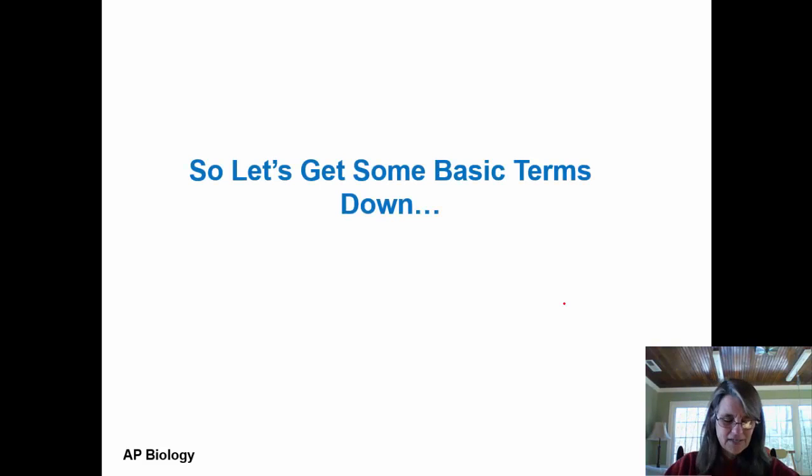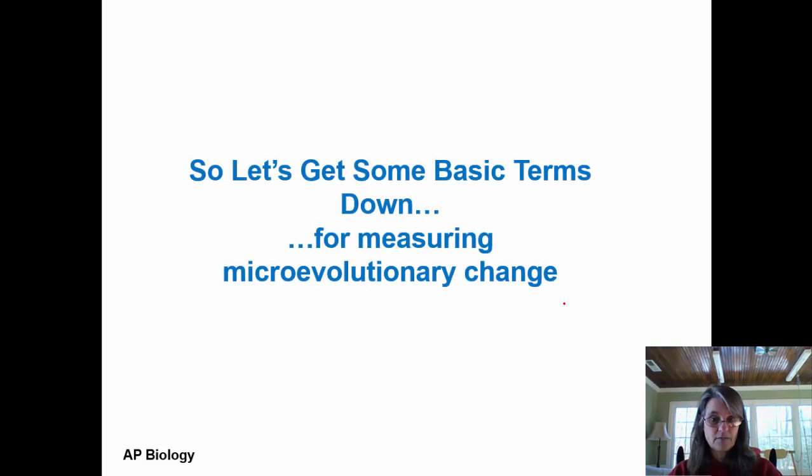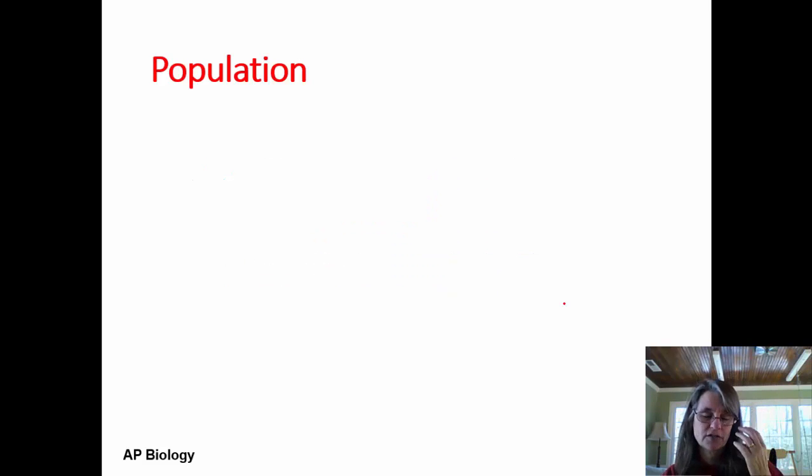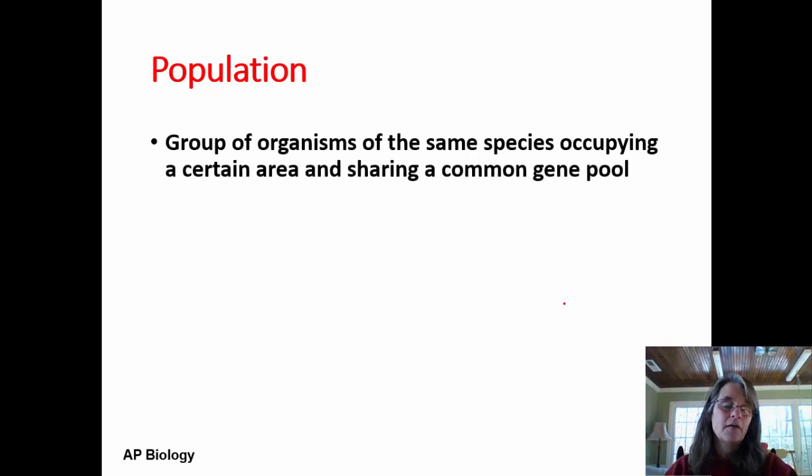So before we get into this, let's get some basic terms down for measuring microevolutionary change. The very first term, very important, is population, because that is the level at which microevolutionary change is happening. Remember from ecology, a population is a group of organisms of the same species, and they occupy a certain area in the environment, and they share a common gene pool.